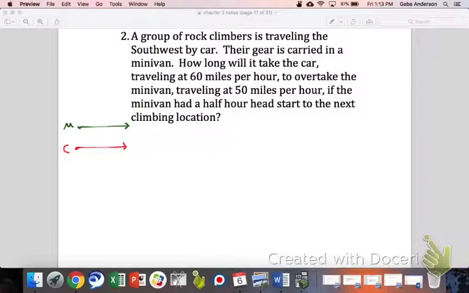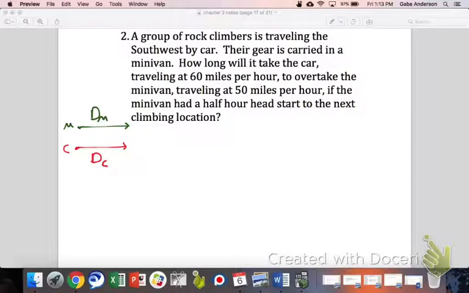That makes sense? So do the arrows, we can see that this involves distance, rate, and time. Does the length of the arrows represent distance, rate, or time? Distance. Represents a distance, yeah. So I'm going to put D sub C for the red car and D sub M for the green minivan.